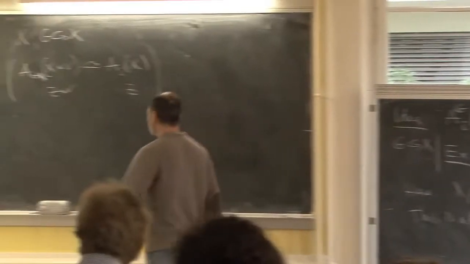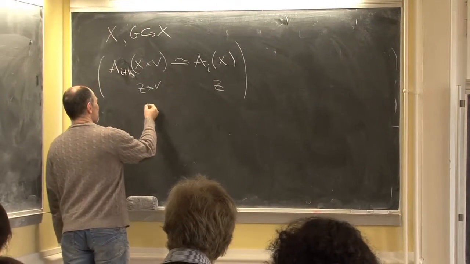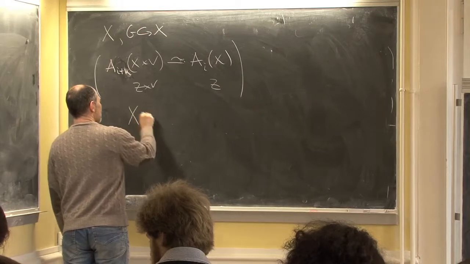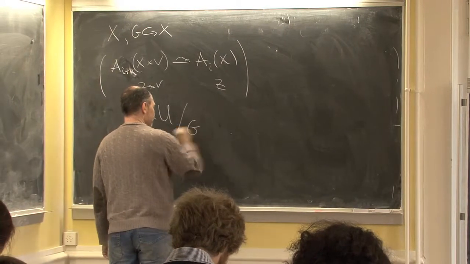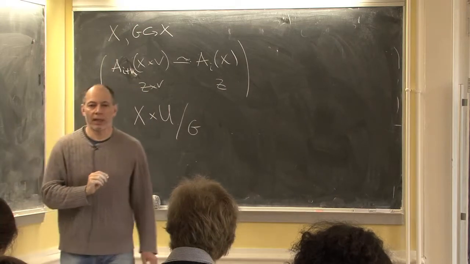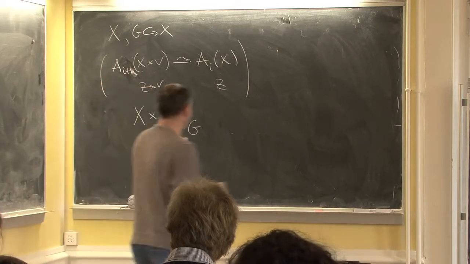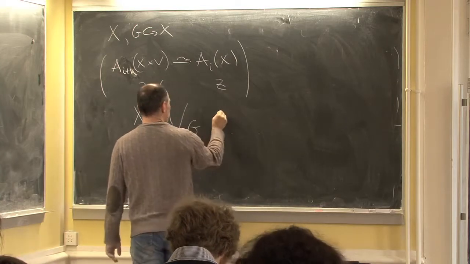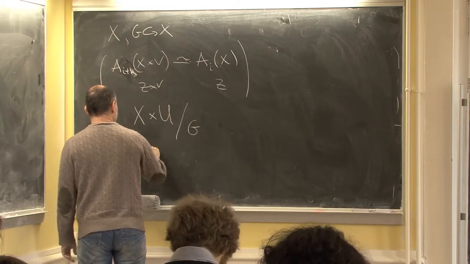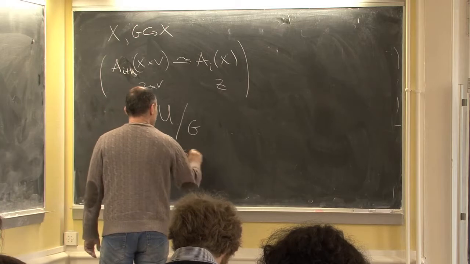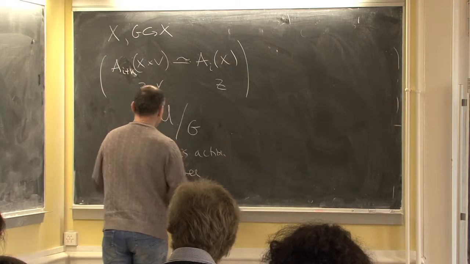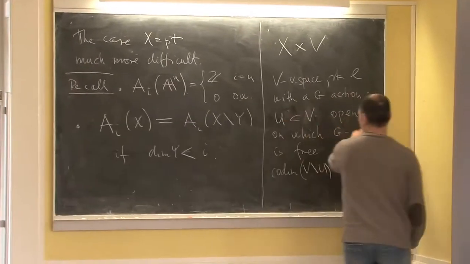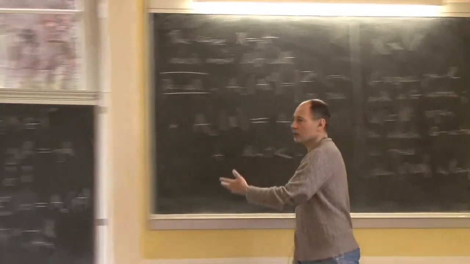You can consider simply X cross U, and you divide this by G. And the point is that here the action is free. So note, this action is free, because it's already free on U, that was the thing that I supposed.